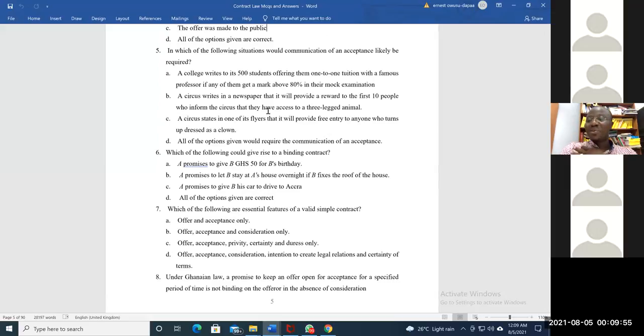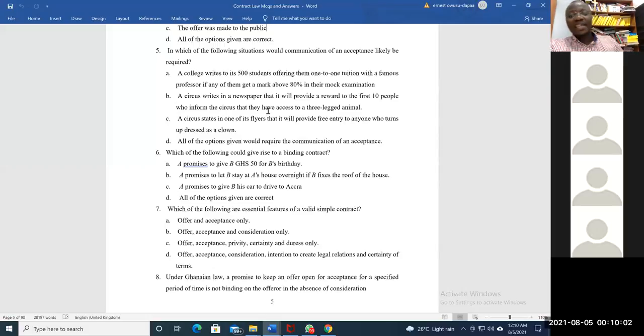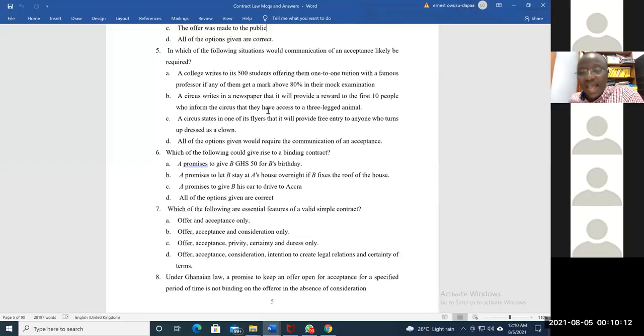Okay, we will not waste time in debating this further. As I keep saying, the principle is what is important now. The principle which is important for this question is that for a unilateral offer or unilateral contract, there's no requirement for communication of acceptance.